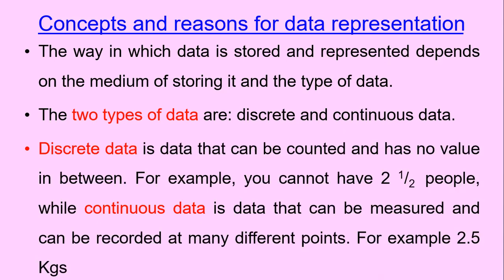While continuous data is data that can be measured and can be recorded at many different points. For example, 2.5 kilograms. In other words, continuous data is data that contains decimal places or fractional parts.